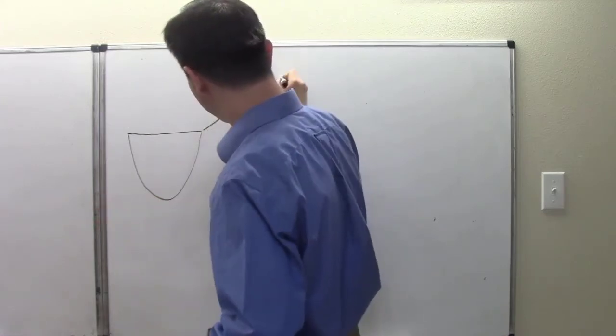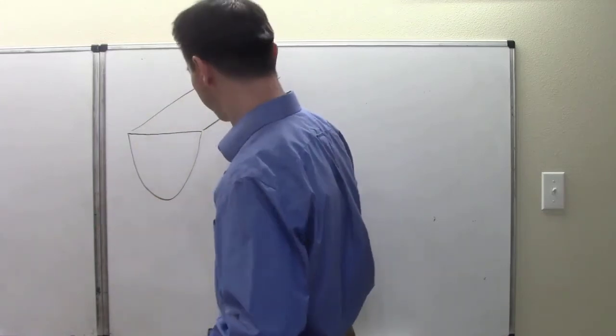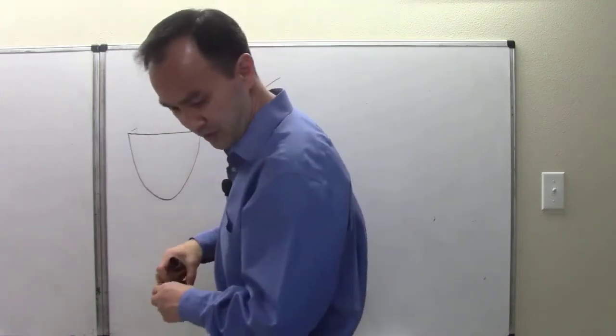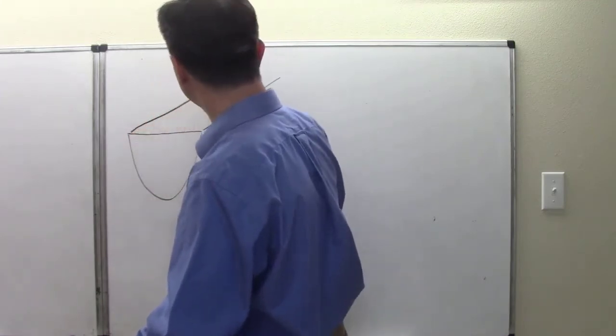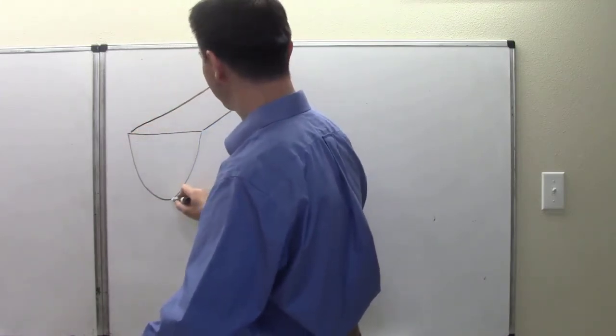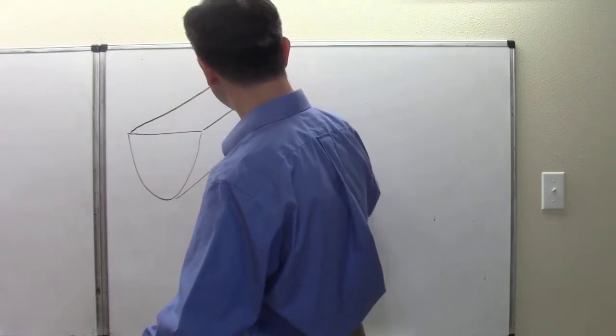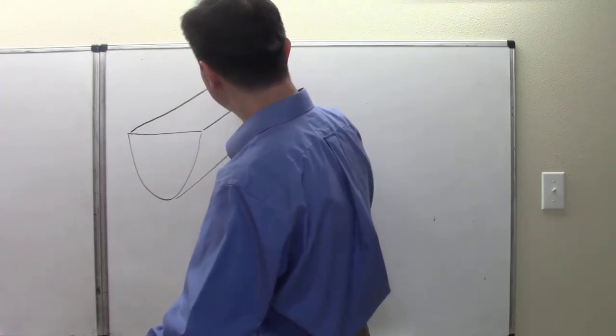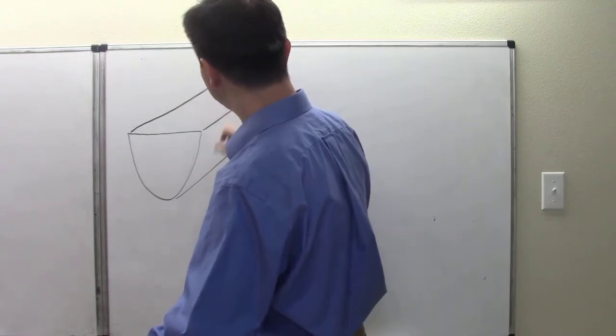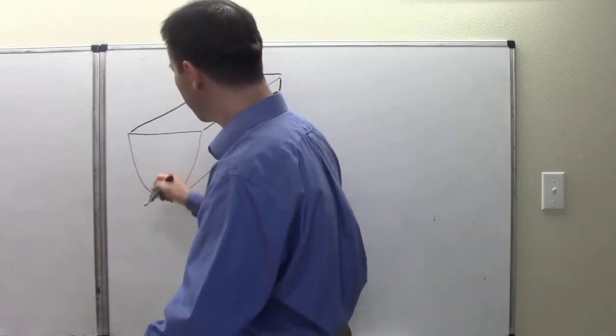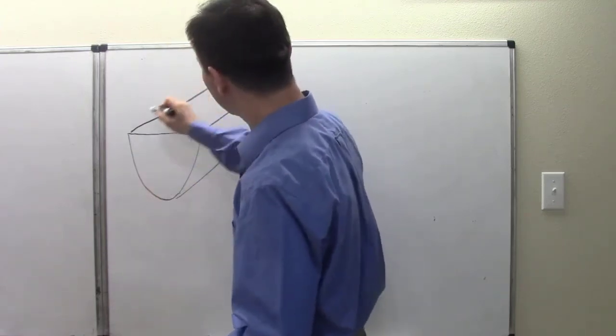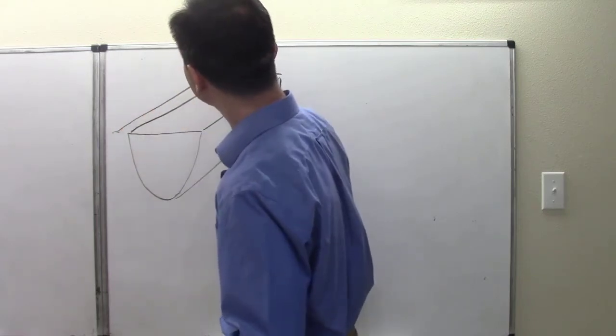So this is the length right here. I'm trying my best to put it in perspective a little bit. 6 feet long. So there's my trough. And this is the cross section right here. So 6 feet long, this length right here.